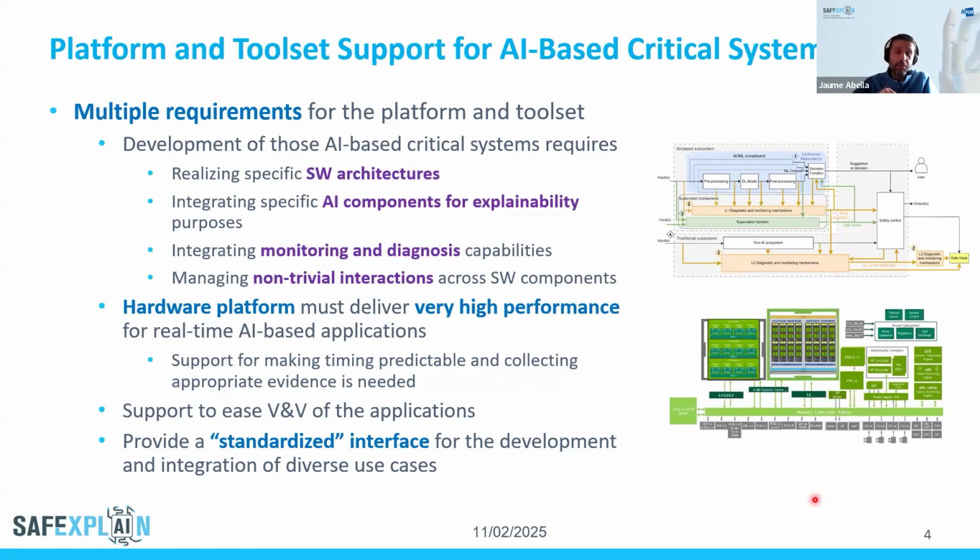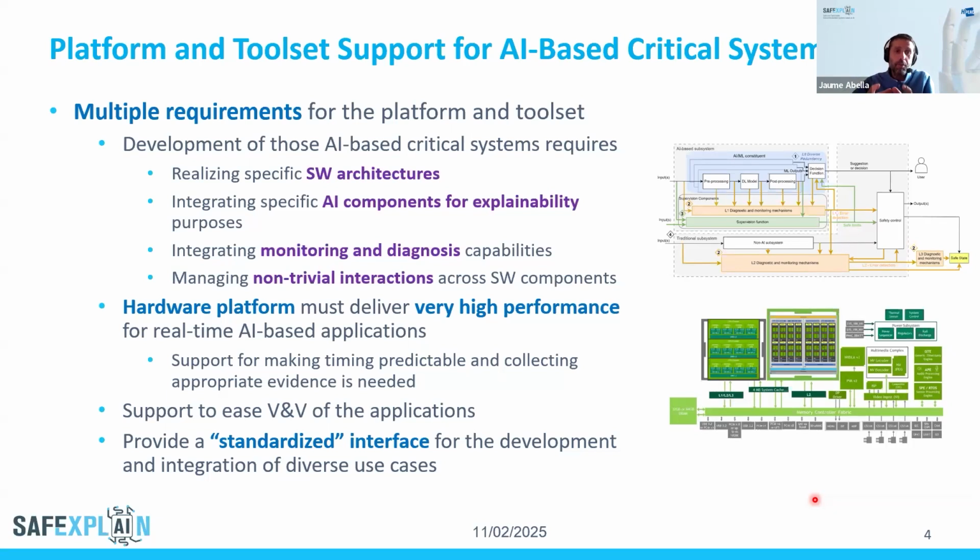Of course, this software can only run in, I would say, a complex beast delivering that performance. Normally, we are resorting to very high performance platforms with multi-cores, accelerators such as GPUs, and also AI-specific accelerators. And this brings an additional level of complexity that needs to be mastered. This is also the focus of the discussion that we'll have today.